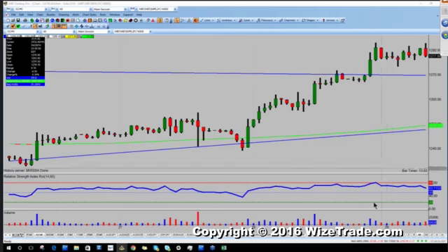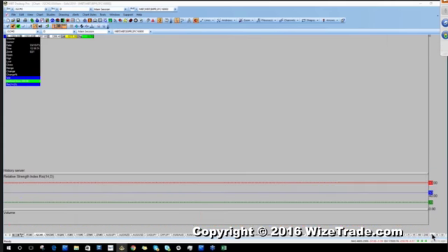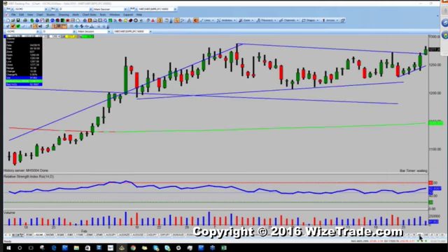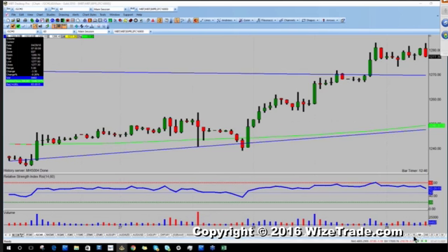Pretty sharp reversal here in gold. We have 13 minutes left, but that's a bearish engulfing candle right there. It's not completely, we still have some time, but keep that on the radar.